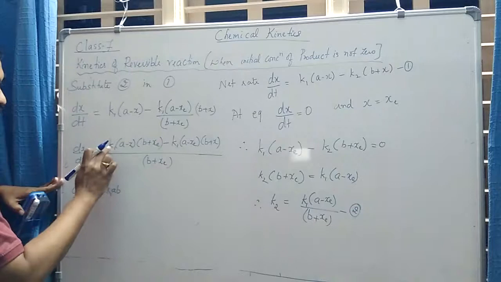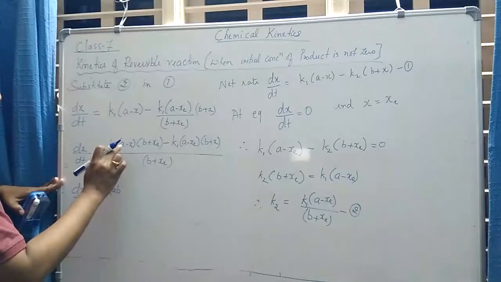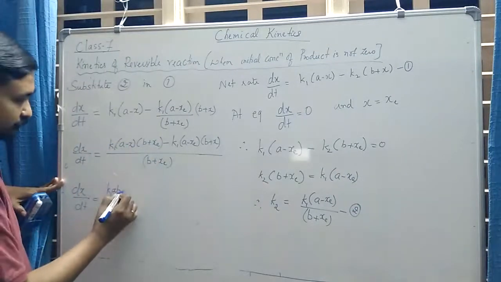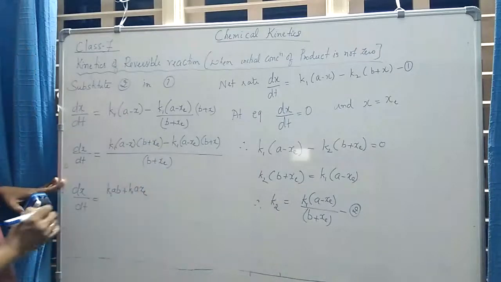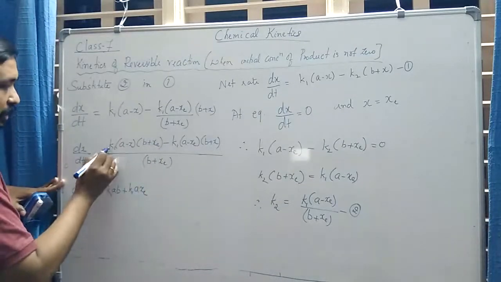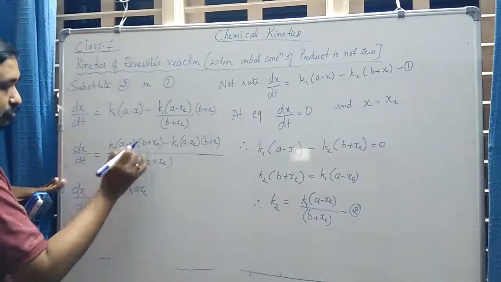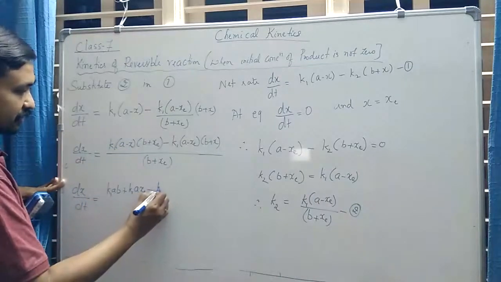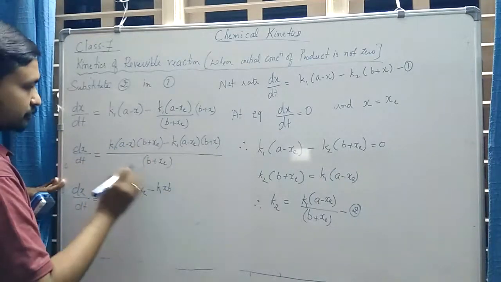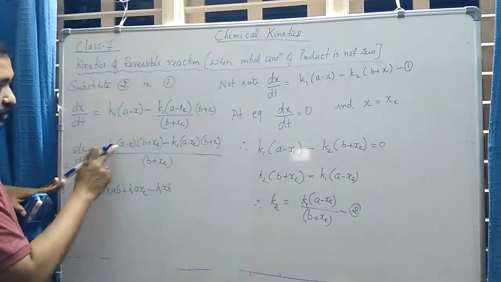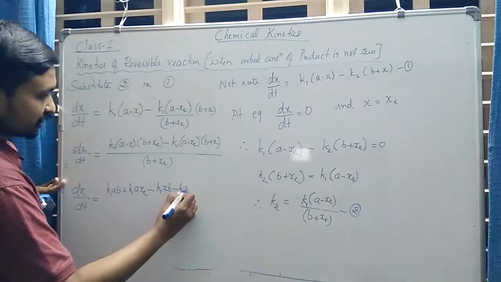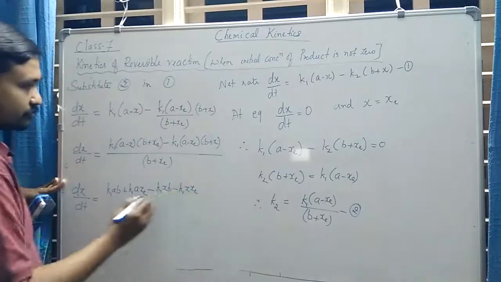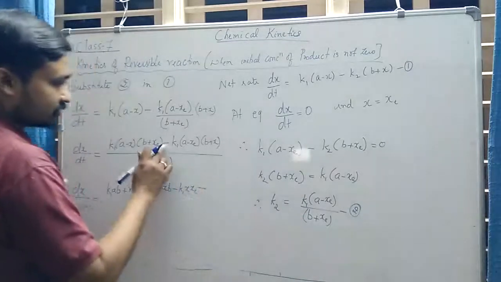The second term would be k1 into a into xe. The third term would be minus k1 into x into b. The fourth term would be minus k1 into x into xe.